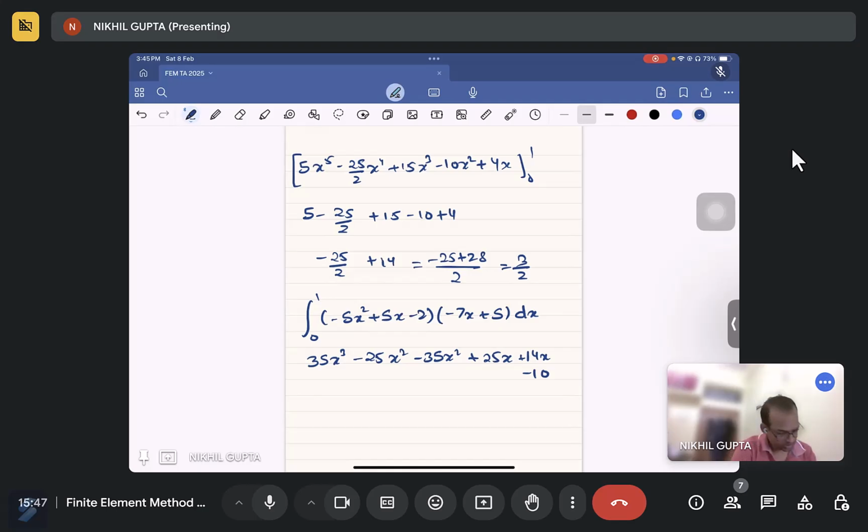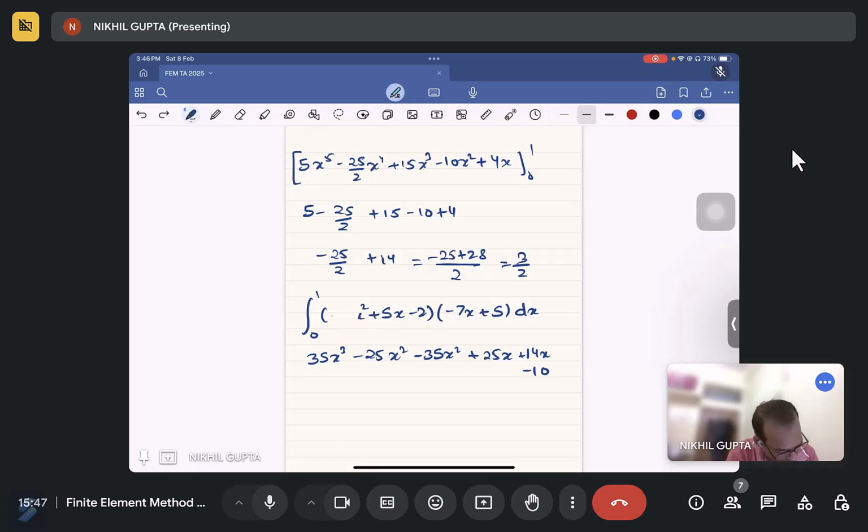If you check it, it's fine. So plus 35 x cube, minus 25 x square, then 35 x square, 25x minus plus 14x minus 10, from 0 to 1 dx.